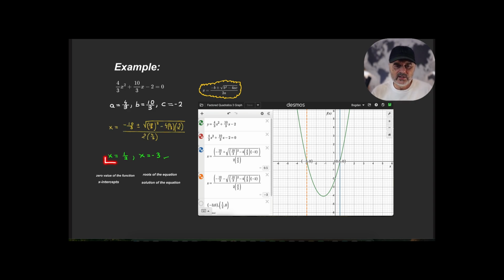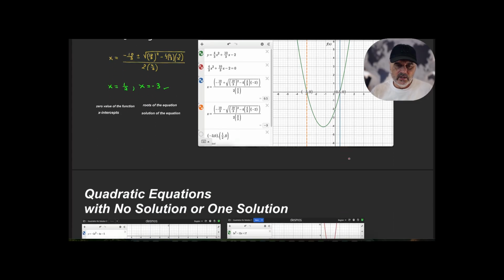So in the end, you get x equal to 1 over 2 and x equal to -3 as 2 roots, 2 solutions. Now on the graph, you see exactly you have the 0 values for the function, or x-intercepts. And this is the confirmation whether the answer that you have obtained by using this particular method does make sense.